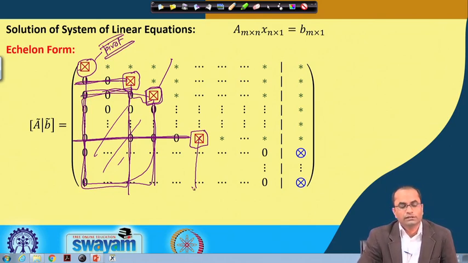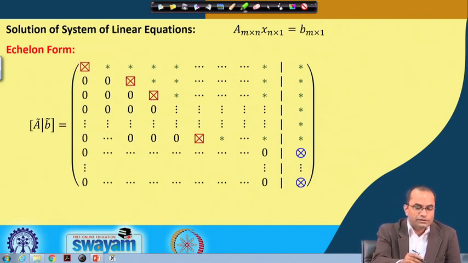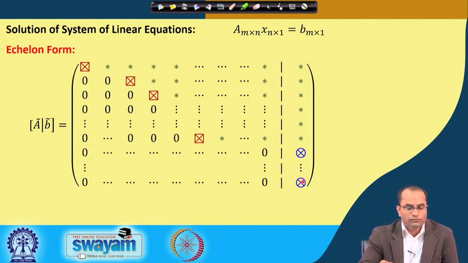So, that is the property of the pivot. It is a non-zero number, and all the elements below it are 0, all the elements to the left are 0, and we have this special structure of the matrix which we call the echelon form.